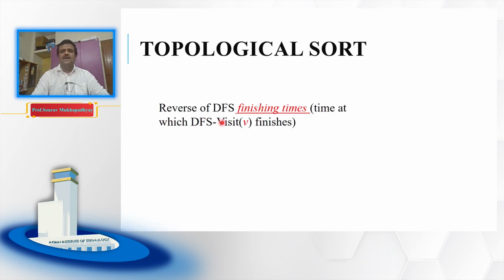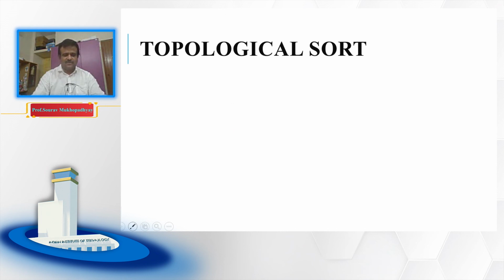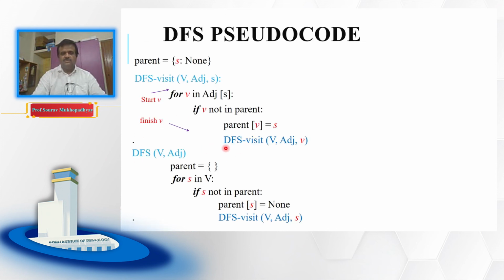So, we reverse the DFS finishing times, the time when the vertex v finishes. When v finishes, that means we have already explored all the paths, and we come back to the previous vertex, finishing that vertex. So, that is the time.